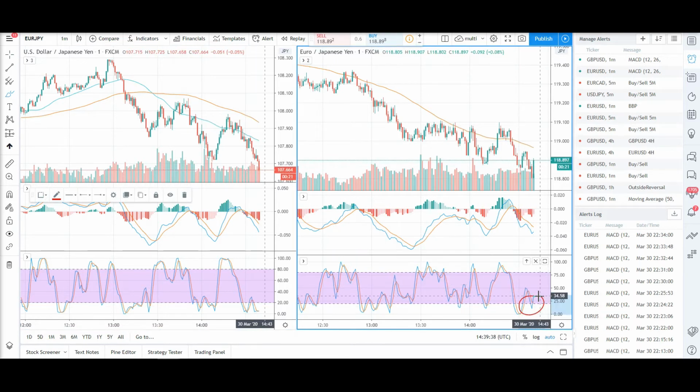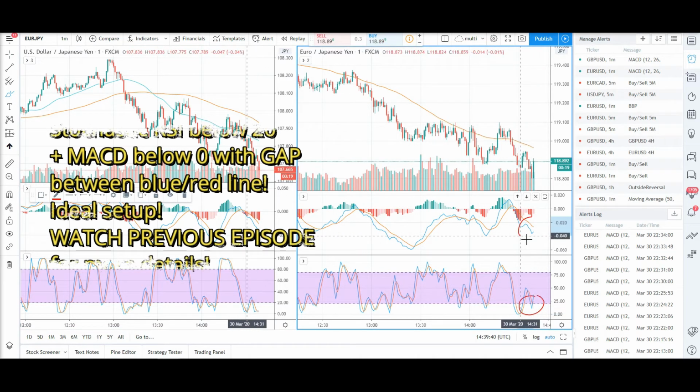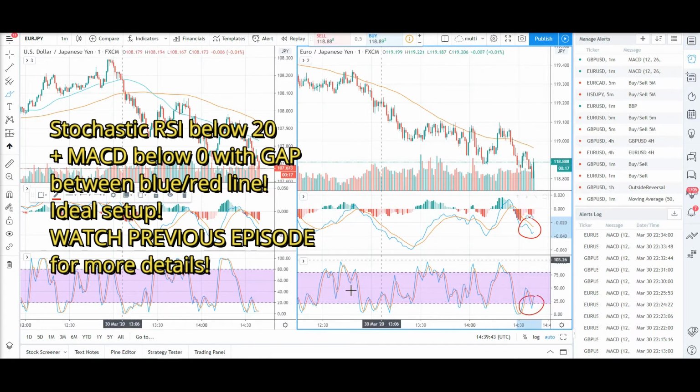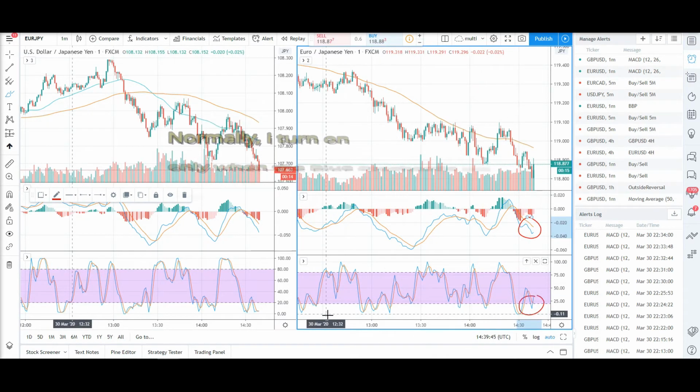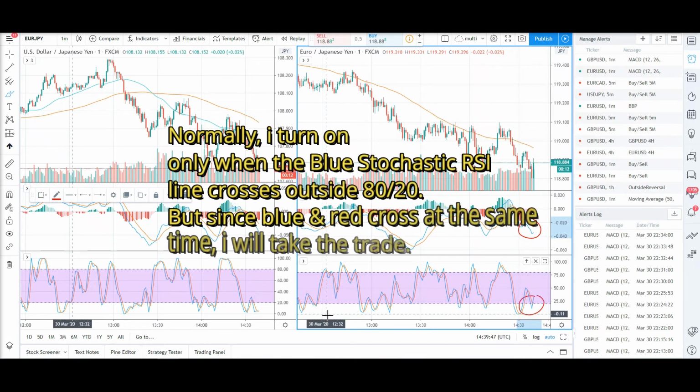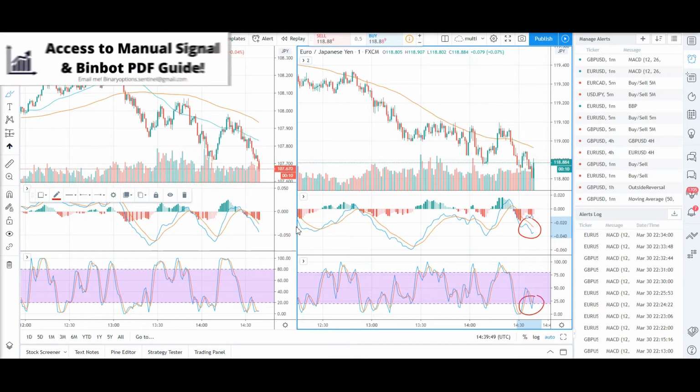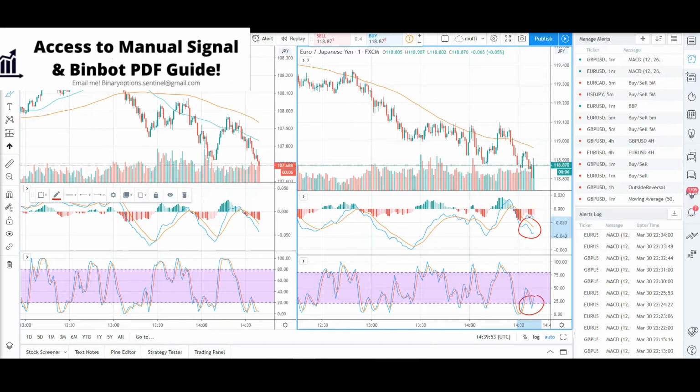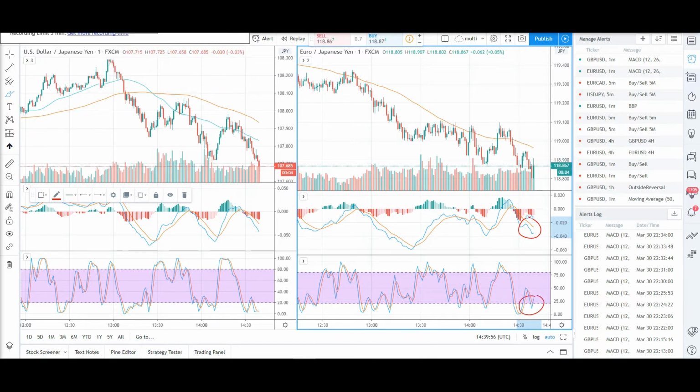I usually turn on the robot when the blue line crosses out first, at the moment when it crosses. However, in this scenario both the blue and red lines crossed out at the same time due to the speed of the move.